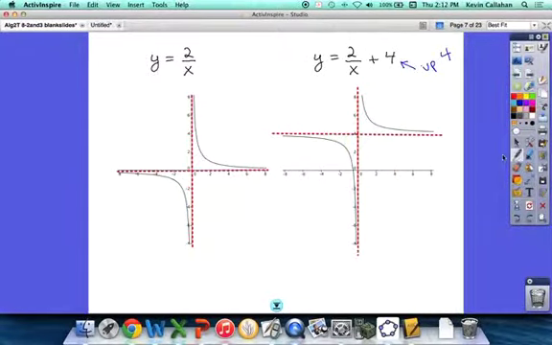What is the horizontal asymptote? The equation for the line. I didn't ask for the domain; I asked what the asymptote is. It's y equals 4. The domain is what value x does not equal: 0. So x equals 0 is the vertical asymptote, and x does not equal 0 is the domain.